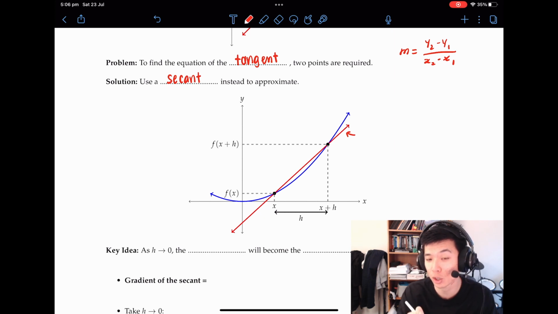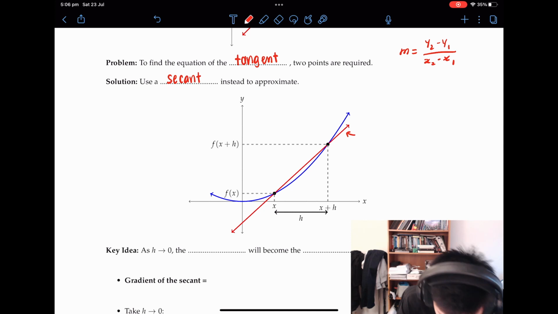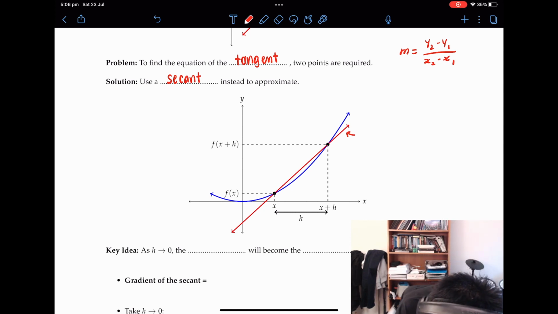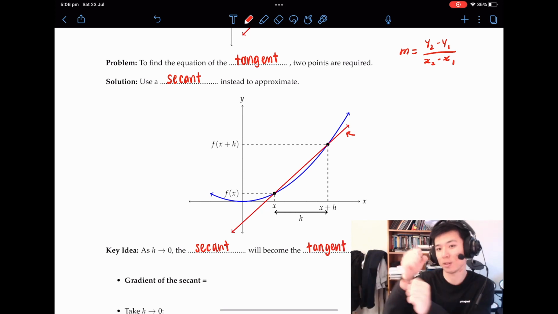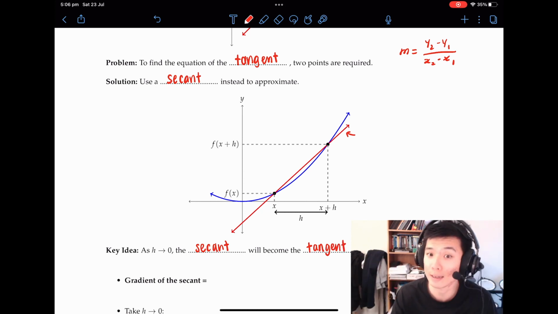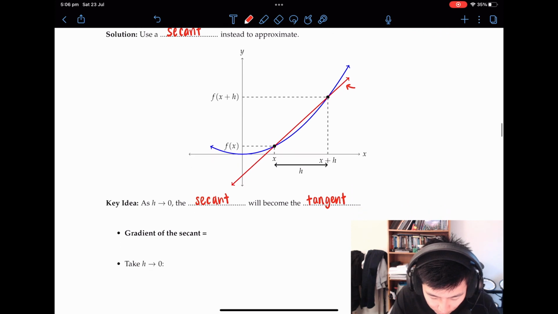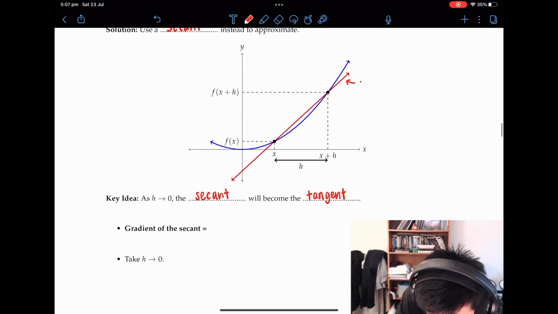We let h approach 0. That was the idea. When h gets smaller and smaller, the secant will actually become the tangent, because those 2 points will get so close that they're essentially on top of each other. That's the idea. And I think last time I showed you an animation of how that worked, right? Sorry, I forgot to fill this in.